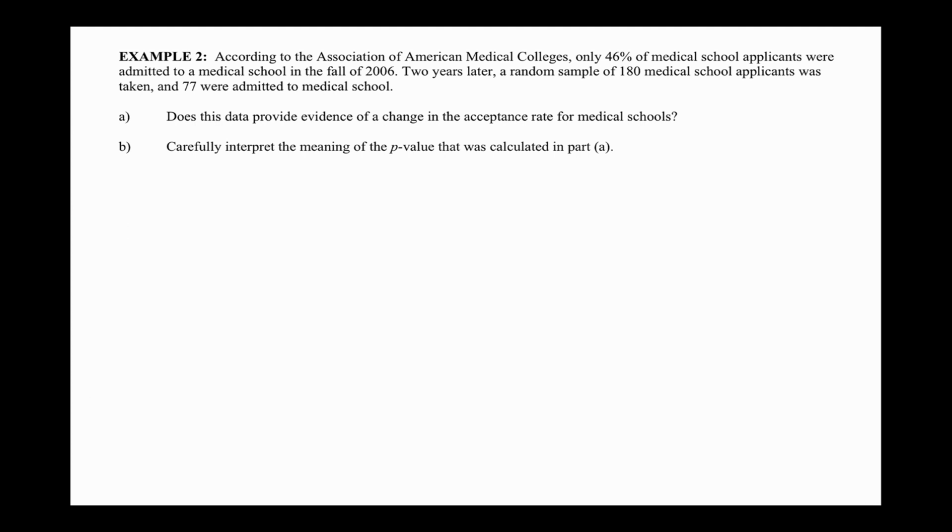So only 46% of the people who applied to a medical school got in. Two years later, a random sample of 180 medical school applicants was taken. Out of those 180, 77 were admitted to a medical school.